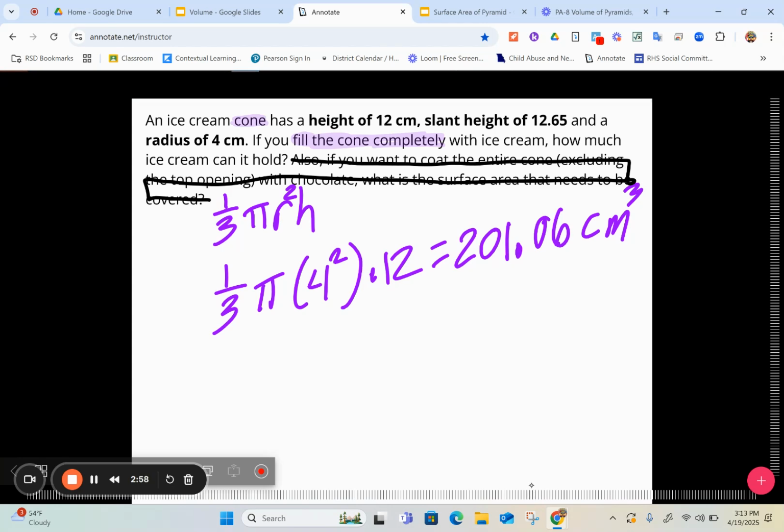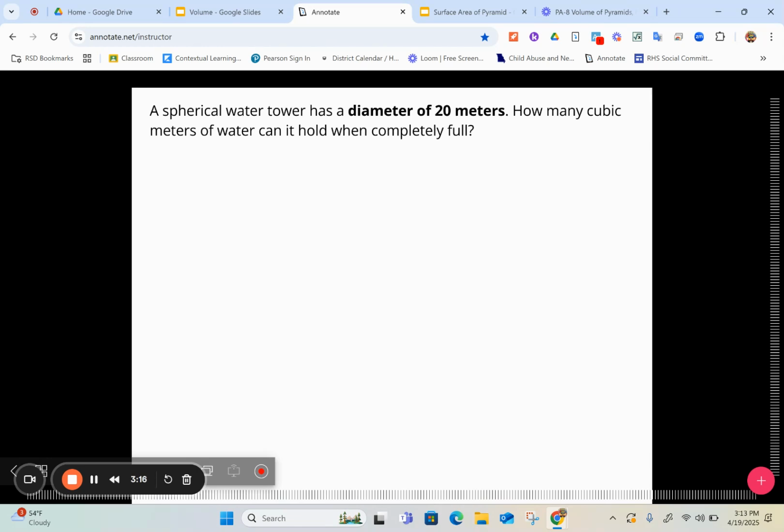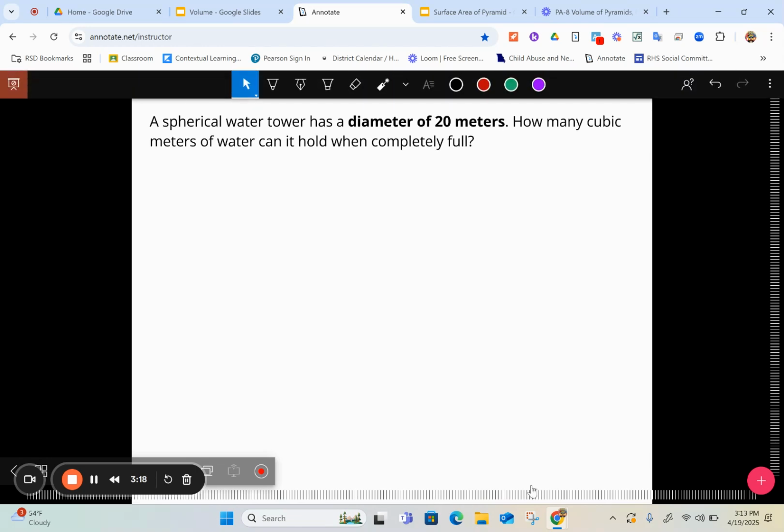How can I advance my screen like that? There we go. So a spherical water tower has a diameter of 20 meters. So we're going to be looking at a sphere, right? So that's 4/3 pi r cubed.